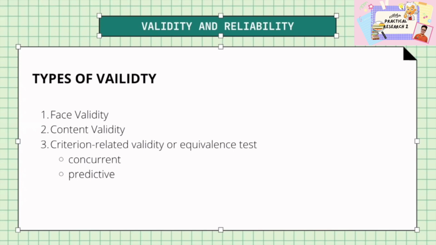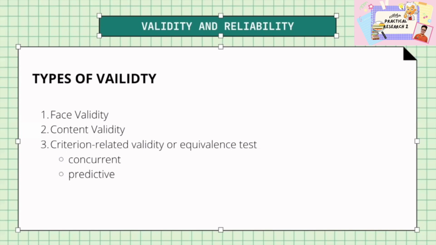All right. 3, criterion-related validity or equivalence test. What do we mean by that? This type of validity is an expression of how scores from the test are correlated with an external criterion. Okay, for example, concurrent. When I say concurrent, for example, you have a standardized test and you have your researcher-made questionnaire.